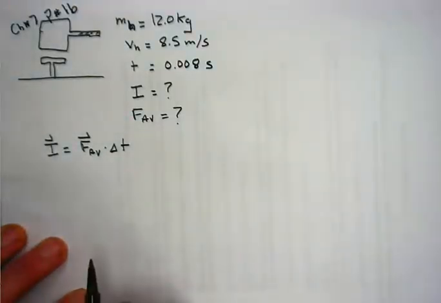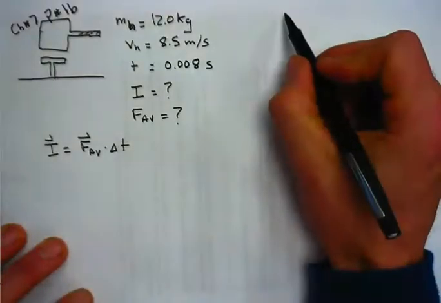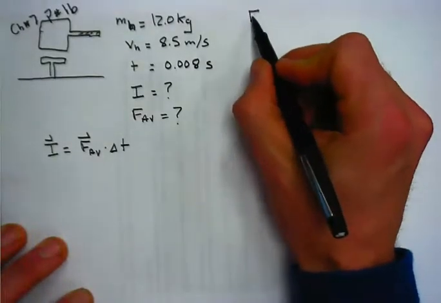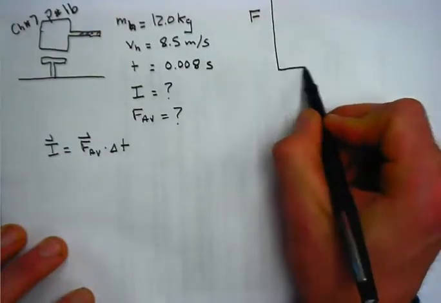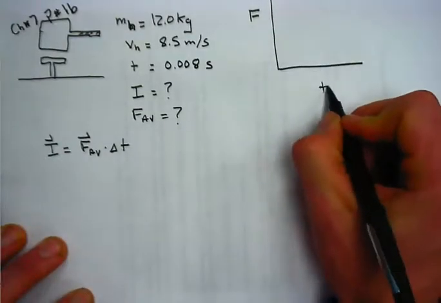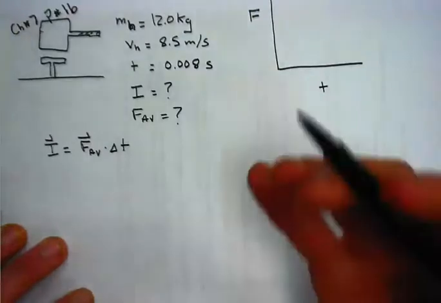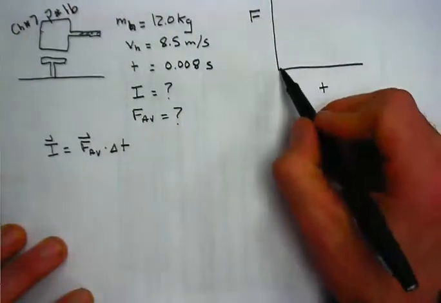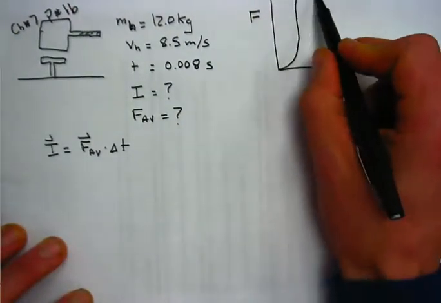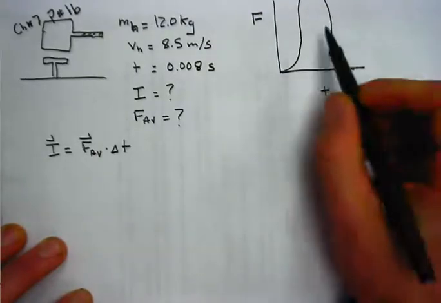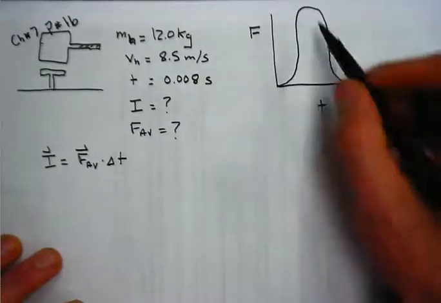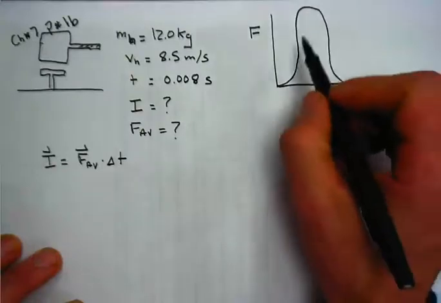And a lot of times we talk about impulse when we're dealing with short time intervals. So there's a nice graph in your book that looks something like this. When you're dealing with some type of collision, right? Like a baseball hitting a bat or a hammer hitting a nail. A lot of times what you get is a graph that looks like this. Some spiking type of force over some very short time interval.